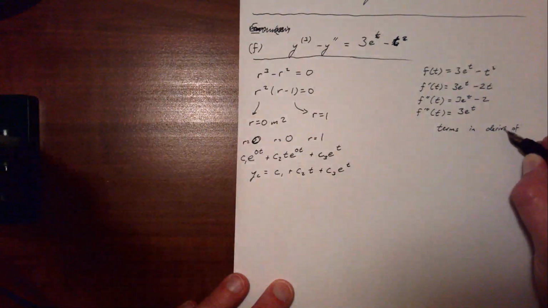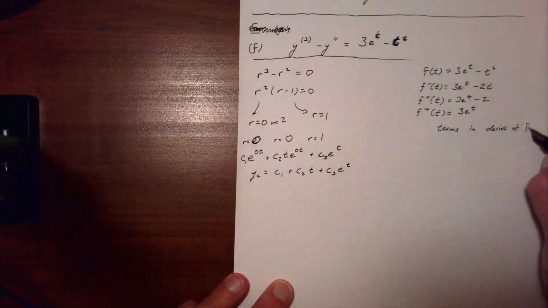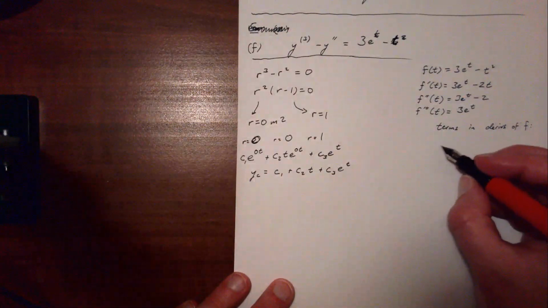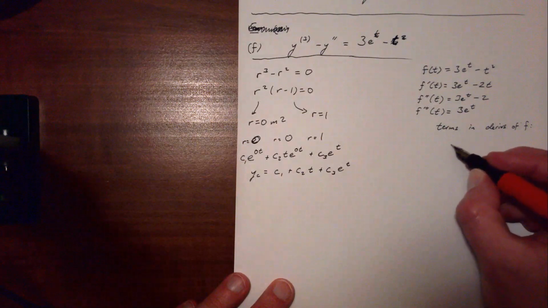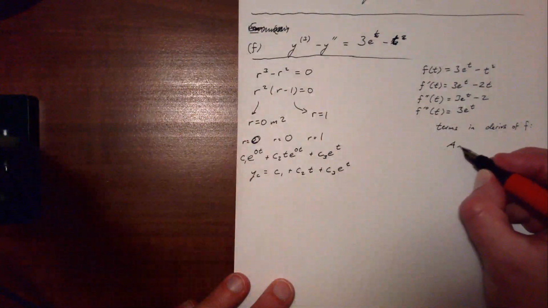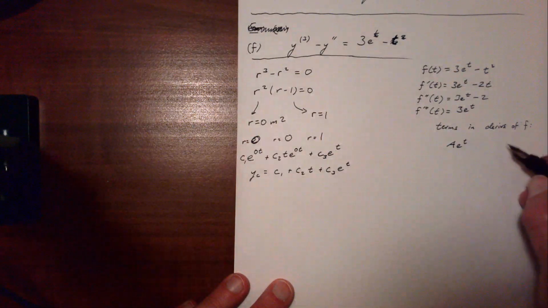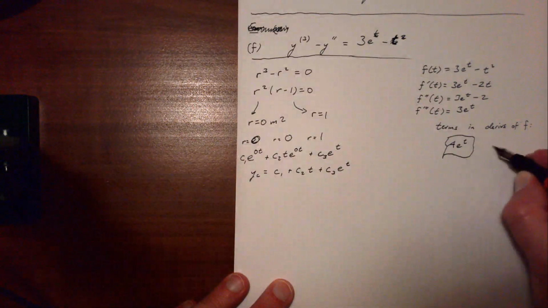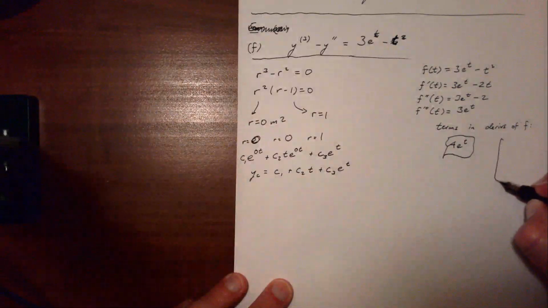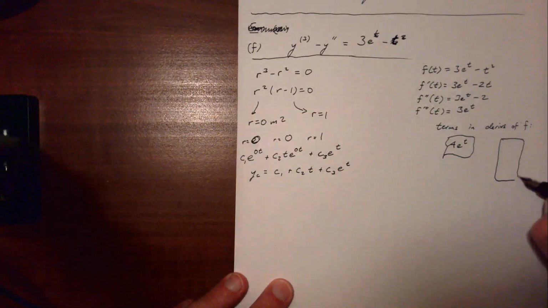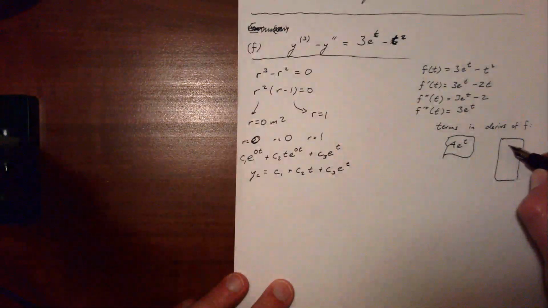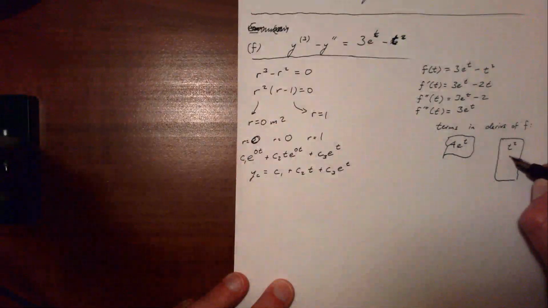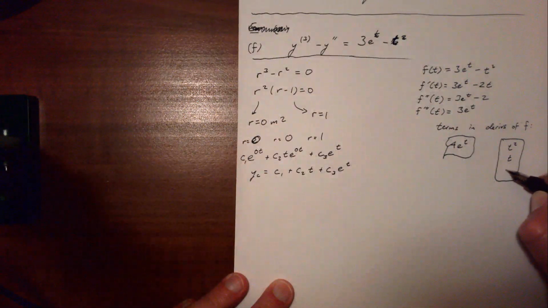So here, where we have seen these sorts of things, we can look at the different sorts of terms in the derivatives of f, and we can see that we'll have terms of the form like a e to the t. So that's one family. And then we have another family that has terms of the form t squared, t, and just 1.